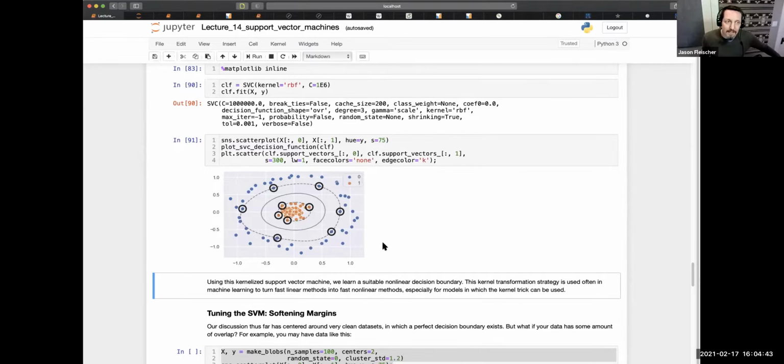So you can do the kernel trick with any algorithm you want, but you're going to be operating in the high dimensional space of the kernel. When we did polynomial regression, we went from a one-dimensional vector to a ninth dimensional vector, so we were operating in the 9-dimensional space.